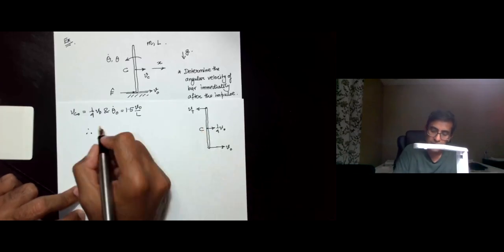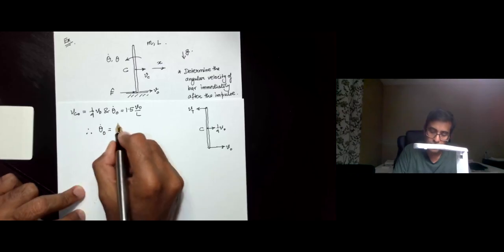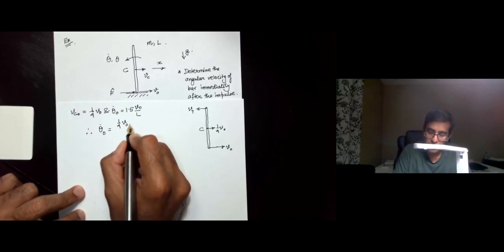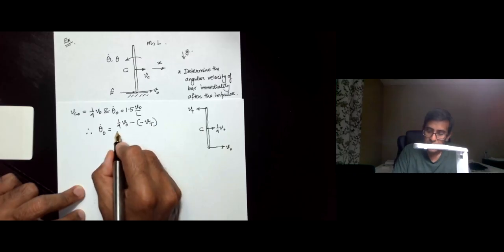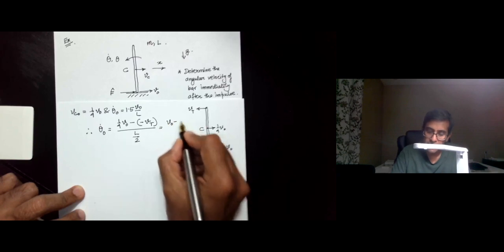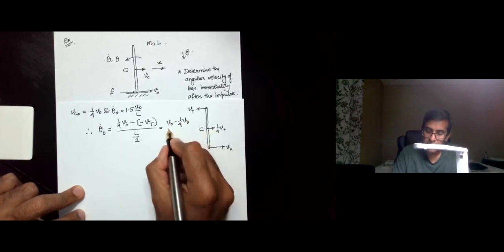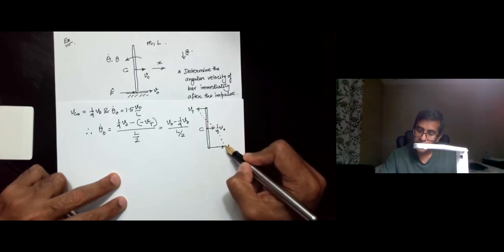This is the center C, so we can say that theta dot naught is equal to 1/4 v naught minus vt divided by L over 2, and that is equal to v naught minus 1/4 v naught divided by L over 2. In other words, there is a linear variation of this velocity as we go from the top to the bottom of the bar.